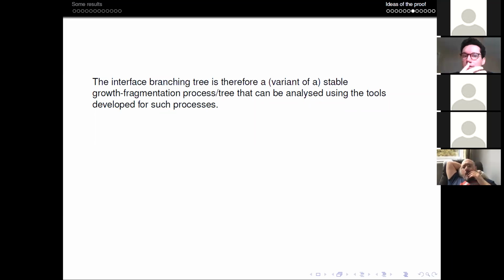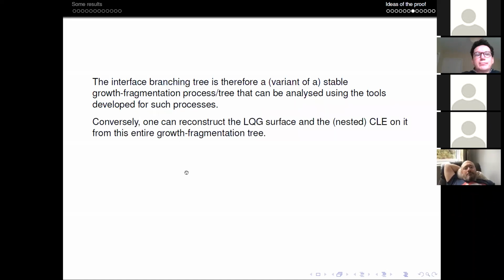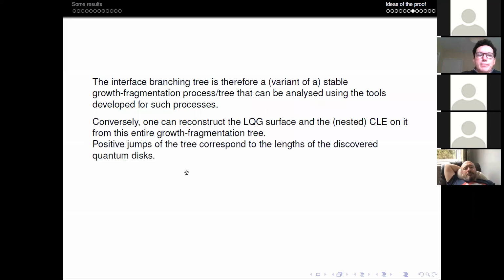So the jumps corresponding to the appearance or disappearance of loops will correspond exactly to the jumps in a stable growth fragmentation process. Okay, I'll jump that.